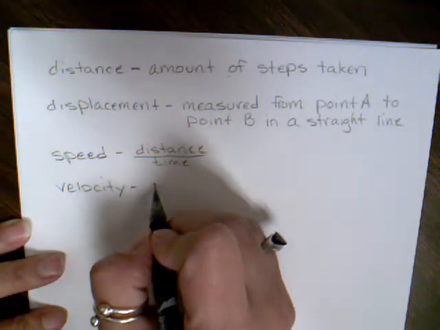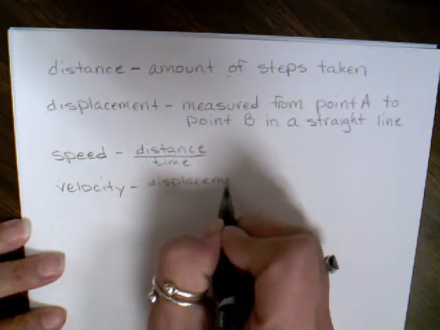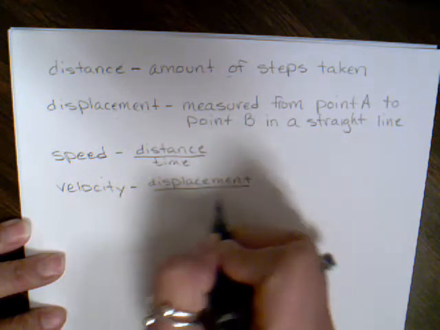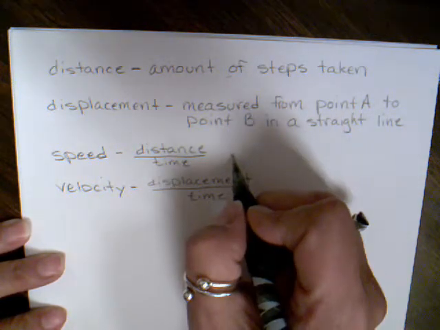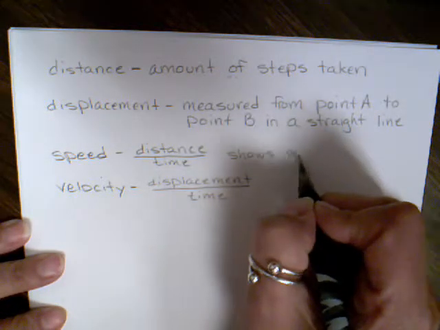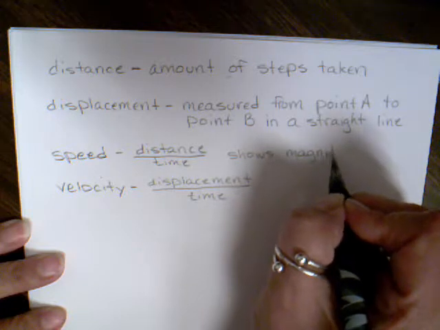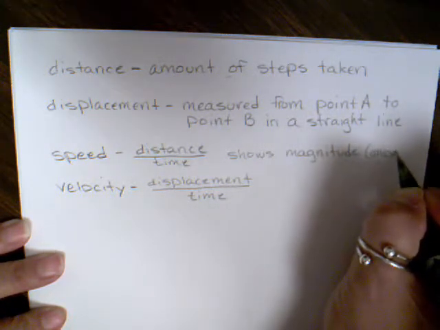Velocity is the displacement over time. Speed only shows magnitude. That's the amount. The amount of steps you took.